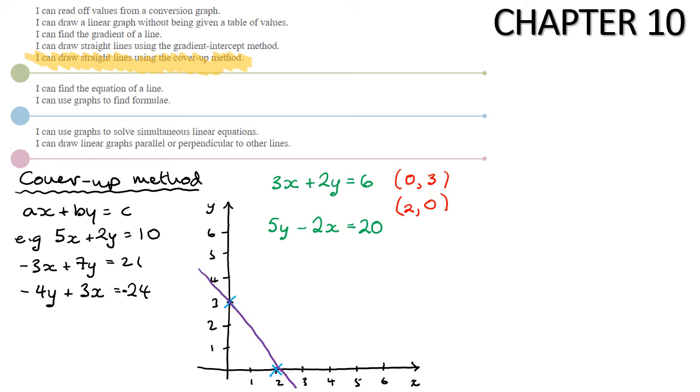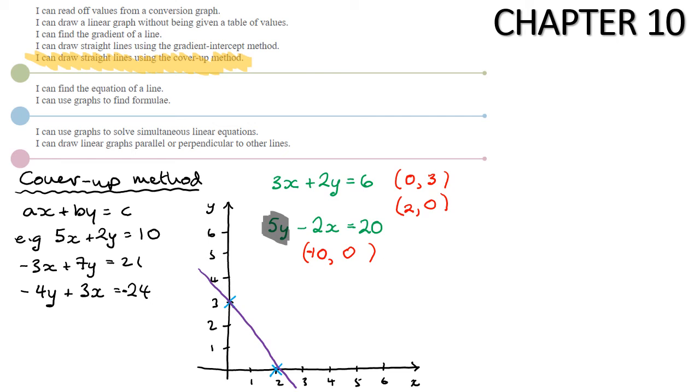So we cover up this part. That leaves me with negative 2x equals 10. Now what have I covered up? I've covered up the y part. So if I've covered up the y part, I'll make the y coordinate 0. And the x coordinate, well, x has to be negative 10 for that to work. Negative 2 times negative 10 is 20.